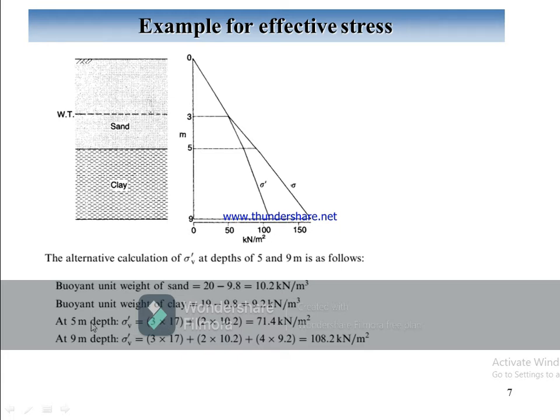For the 5 meter depth, if we want to find the effective stress at 5 meter depth, then it will be equal to 3 multiplied by 17, which is the dry unit weight, and 2 multiplied by 10.5. We can get 71.4.